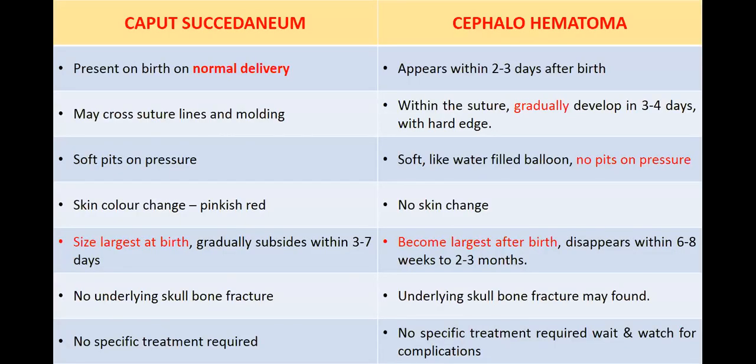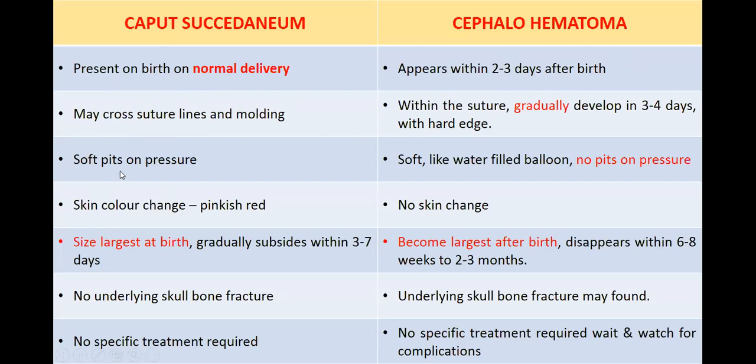This is the summary of the difference between caput and hematoma. The major difference is that caput is present from delivery, and hematoma appears 2 to 3 days after birth depending on the hemorrhagic condition. Caput may cross the suture line and molding. Hematoma doesn't cross the suture line.